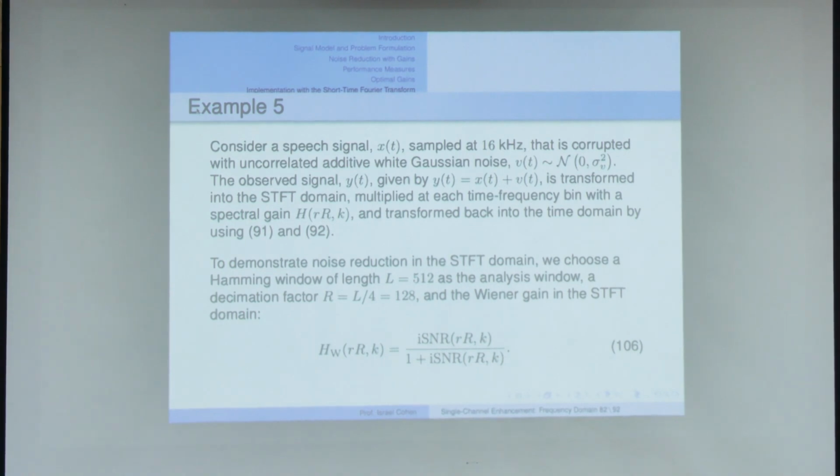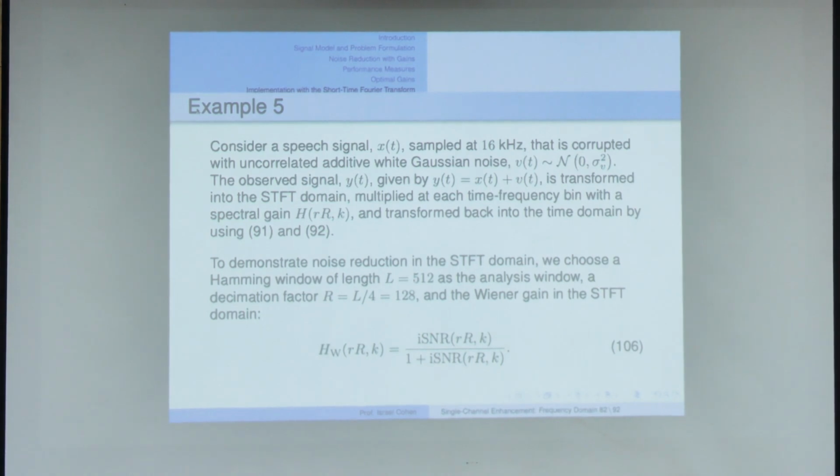So if we want to apply the Wiener filter, the Wiener filter will generate some distortion. Of course, if the noise is large, if the input SNR is low, we need to reduce more noise.